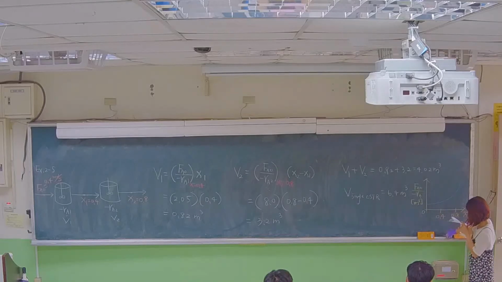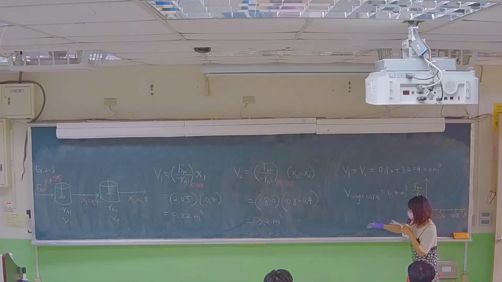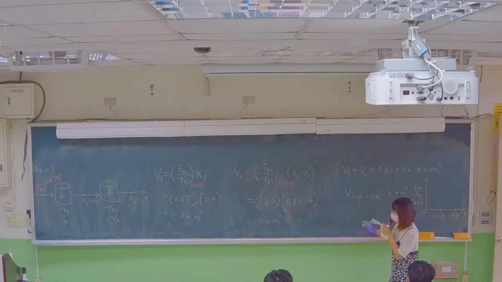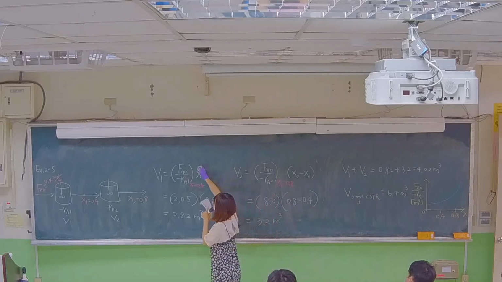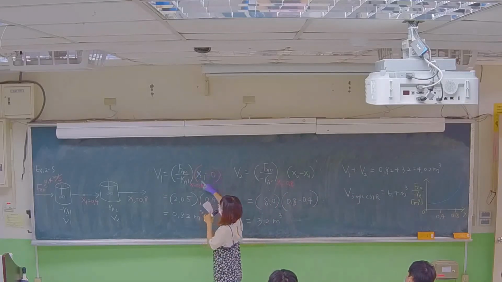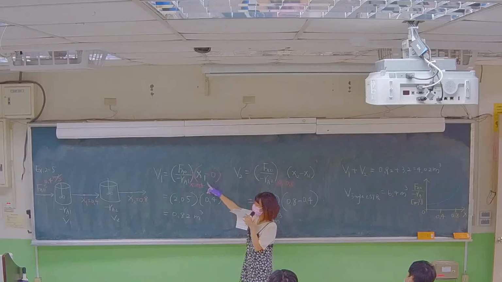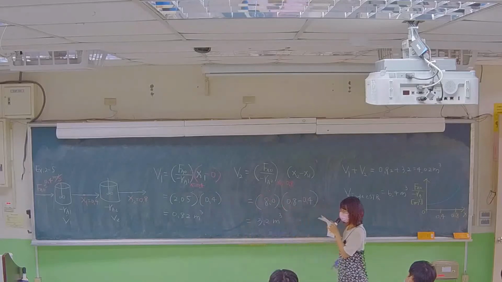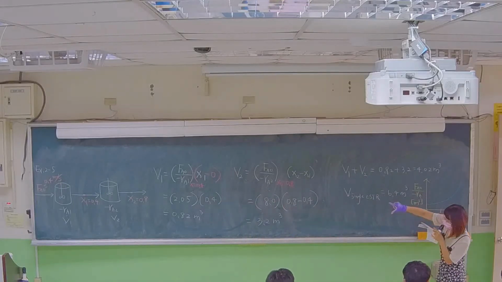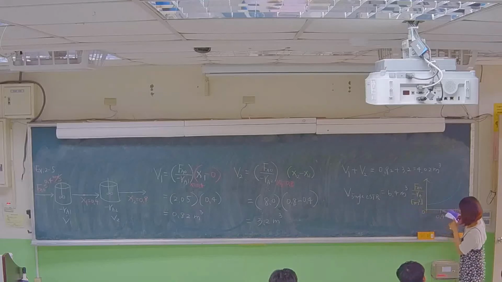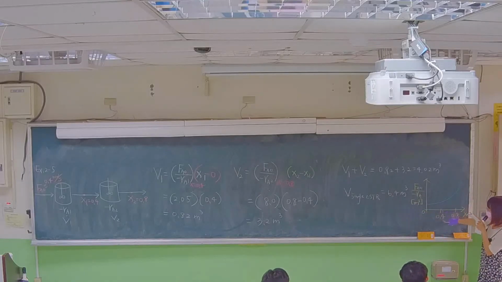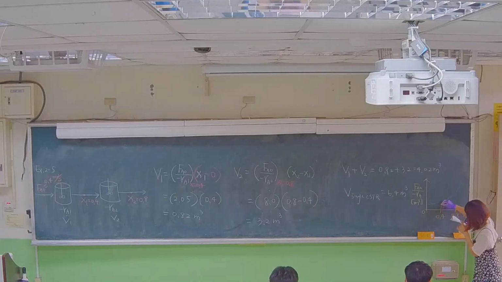Okay, so what is the volume for V1, for reactor 1? It is equal to this one, okay? So V1 is equal to Y at X equal to 0.4, right? When conversion is equal to 0.4, you got this one, right?